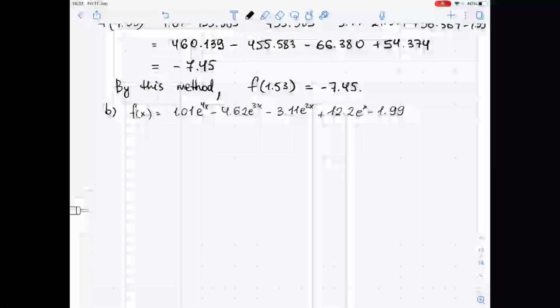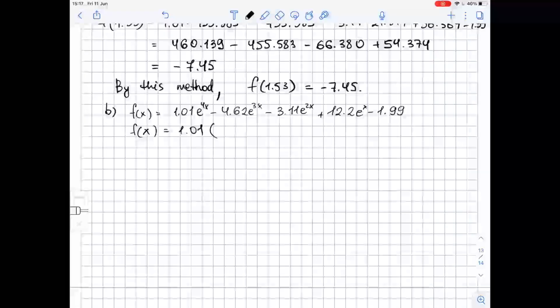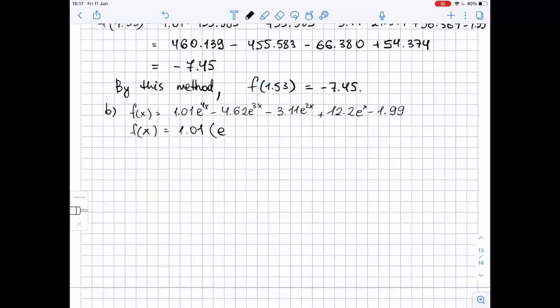And now, if we look at f of x, we can see that this function can be factorized as f of x equals 1.01 times e to the x plus 1.715, times e to the x minus 0.173, times e to the x minus 1.415, and times e to the x minus 4.702.